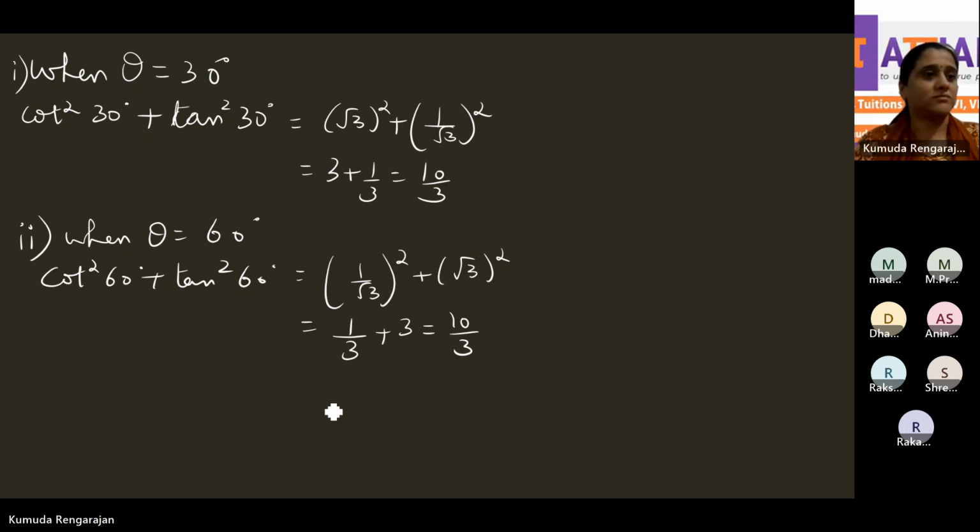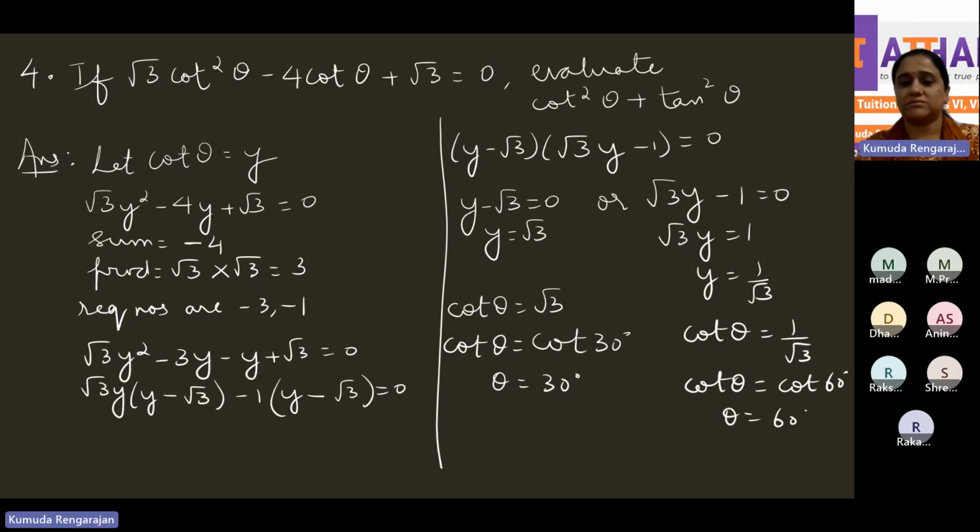Yeah. You got 10 by 3 in both the cases. Okay. So children, we have to find the values of theta and evaluate cot square theta plus tan square theta.